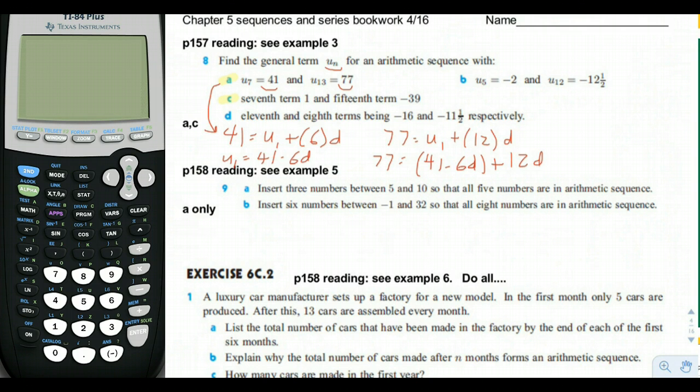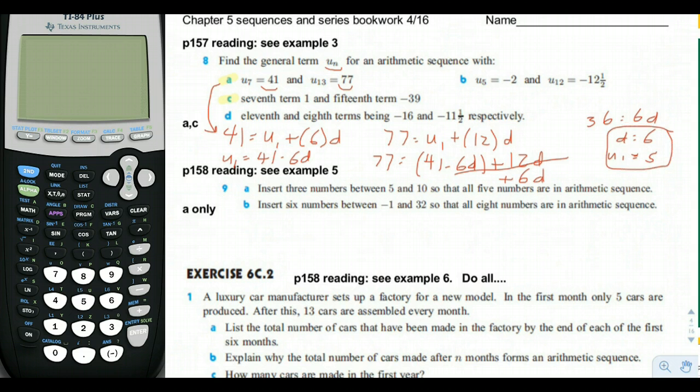Instead of 12d minus 6d, you would just have 6d. And instead of 77 on one side and 41 on the other, you would have about 36 equals 6d. So d would be equal to 6. And then once you have d equal to 6, you'll know that u1 is equal to, I think, 5.